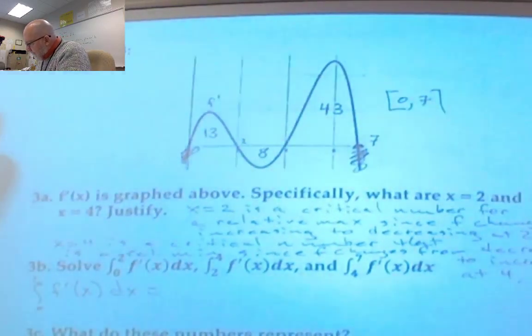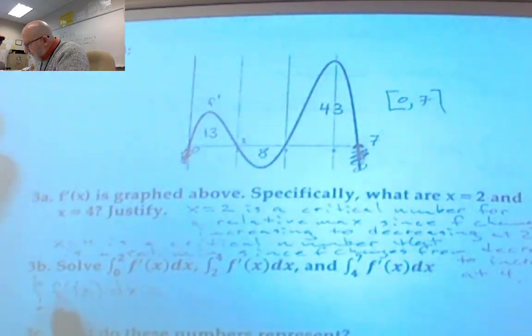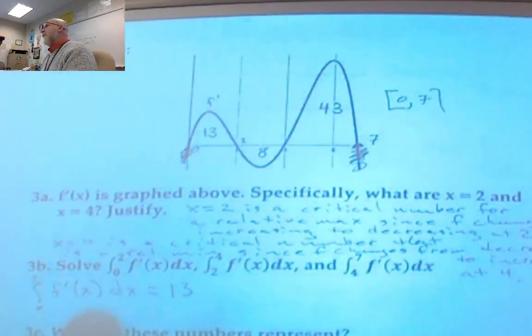Cullen, what is the integral from 0 to 2 of f prime of x dx? From 0 to 2 of f prime of x dx. 13 is correct, because it's asking you for the area under the curve, correct?